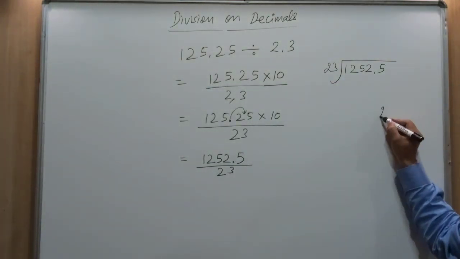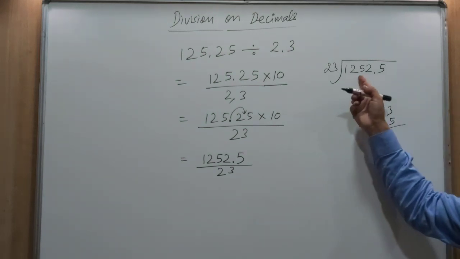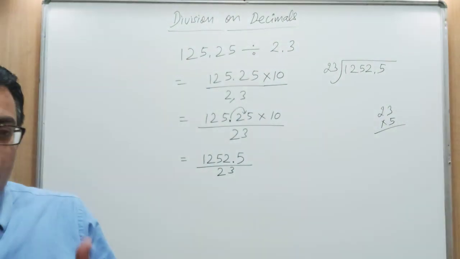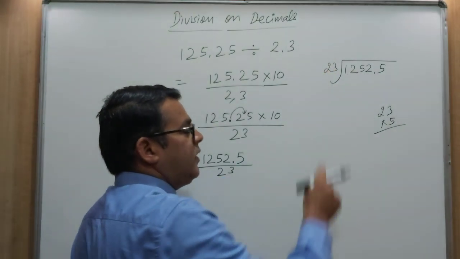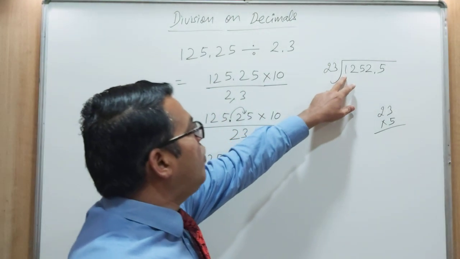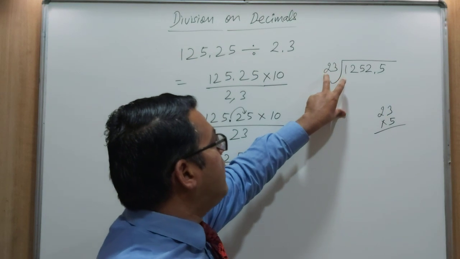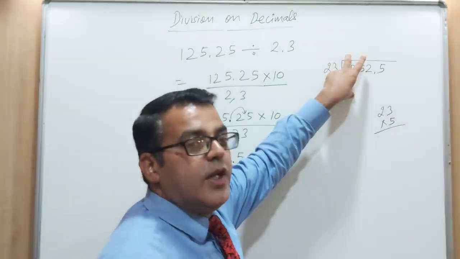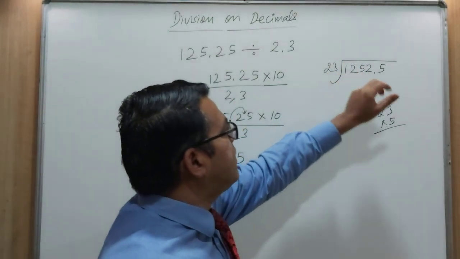The rule says that we can divide one time in one digit only. So 1 is much smaller than 23, you have to write 0 here, but the first 0 you can avoid. Now take two digits together, it is 12. Now 23 is again greater than 12, so one more 0 you could put here, but no need to put it at the start. Now we have to take three digits together.